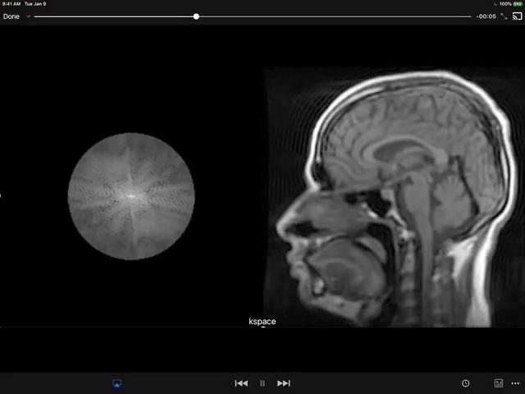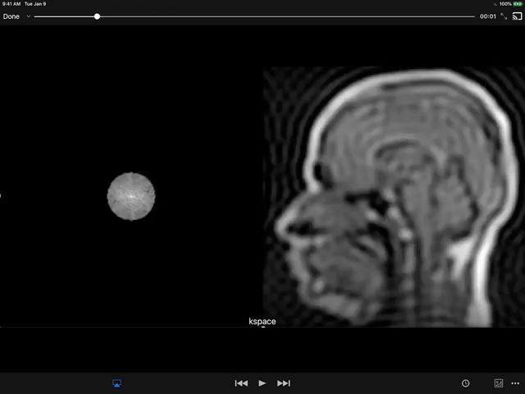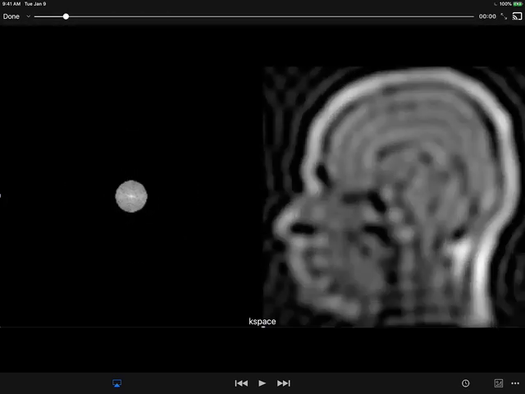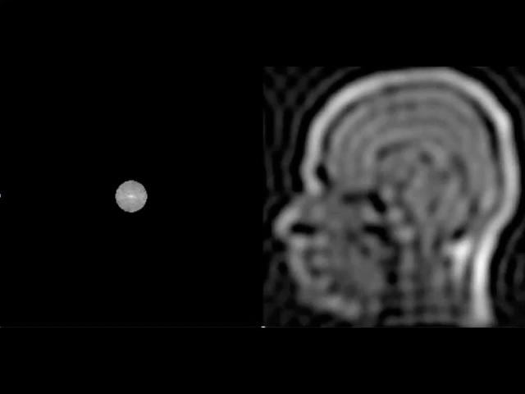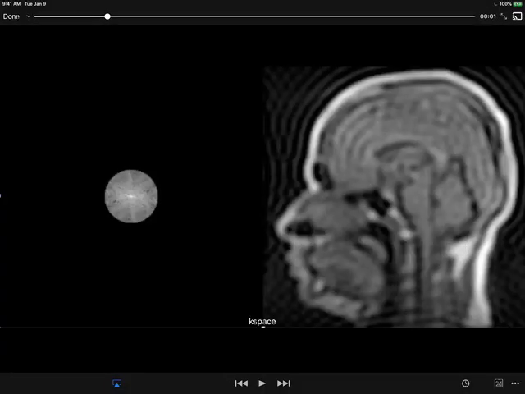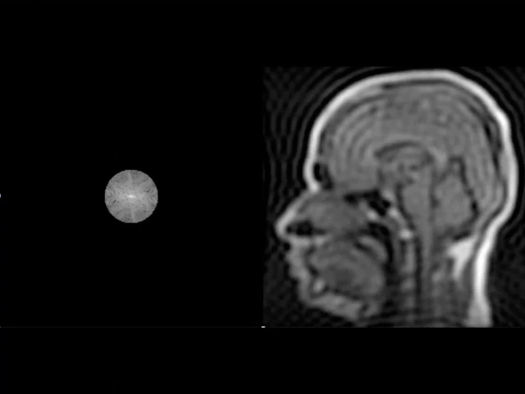Let's say we go here, where we're only keeping a little of the stuff near the center of k-space. How would you characterize this image? Is it clear? Is it blurry? Yeah, it's blurry and it's got a lot of weird artifacts too, right? Hopefully your brain doesn't look like this, because if it did, it probably wouldn't work. As we start including more frequencies, we still have artifacts, but it's looking a little better.